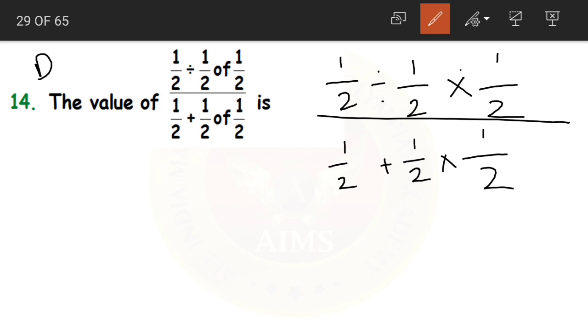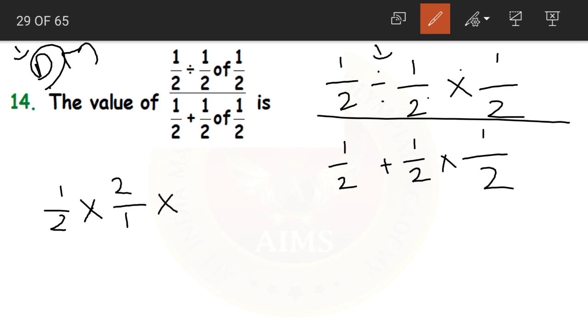We have division and multiplication here. Yes, in BODMAS, division comes before multiplication. So first we'll divide 1 by 2, how do we divide? Into 2 by 1, and then the remaining 1 by 2 is written as it is. And when it comes to the denominator students, in BODMAS, multiplication comes before addition.